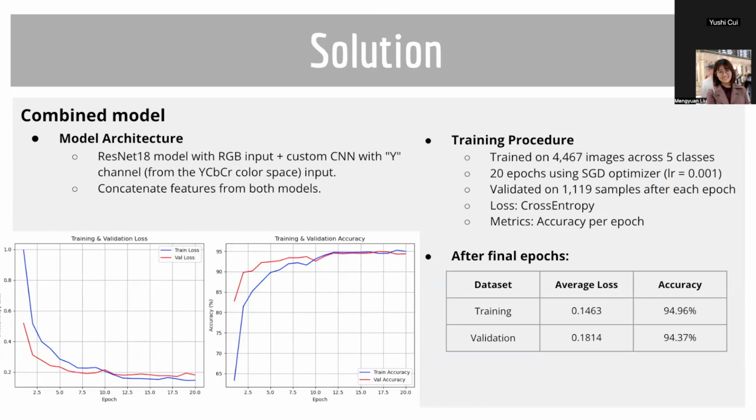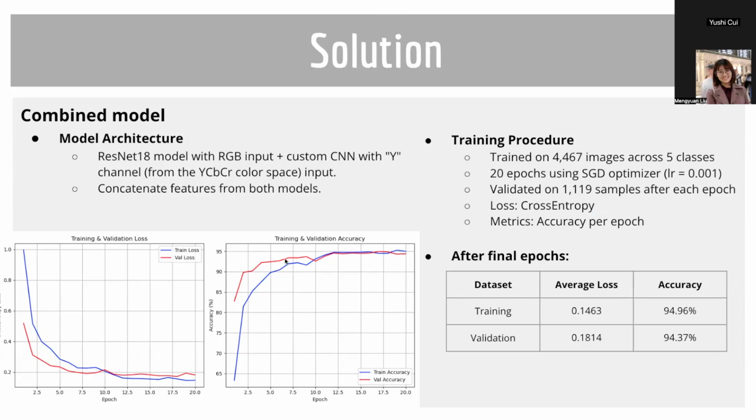For this combined model, we utilize the ResNet model with RGB input and the custom CNN model with the Y channel from the YCbCr color space as input. Then we concatenate these features from the two models in the final fully connected layers. You can see our accuracy output in the image.